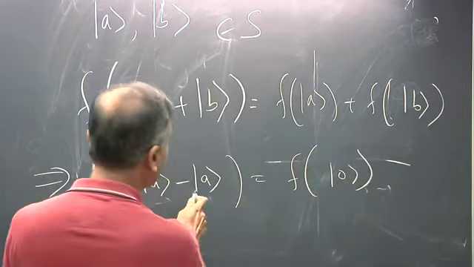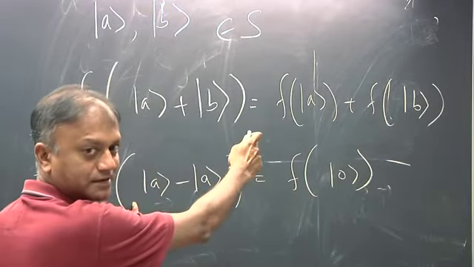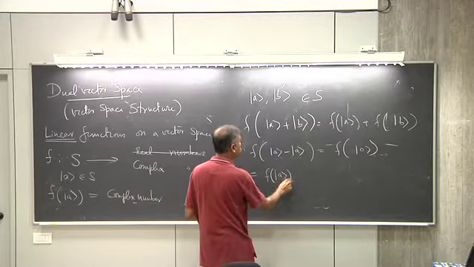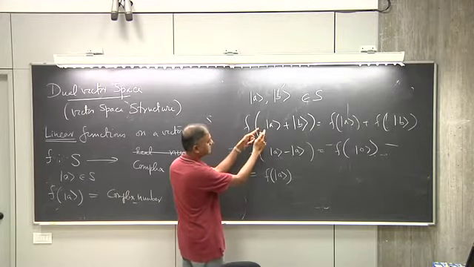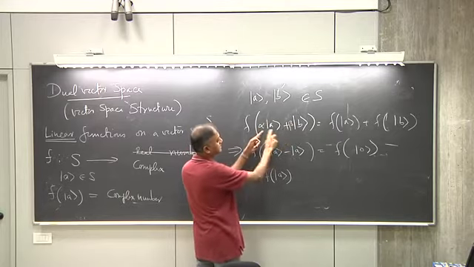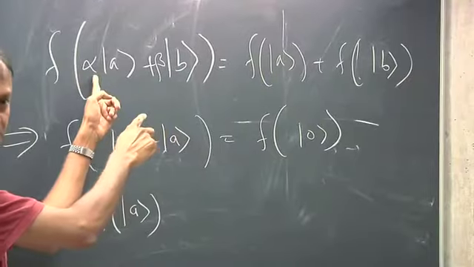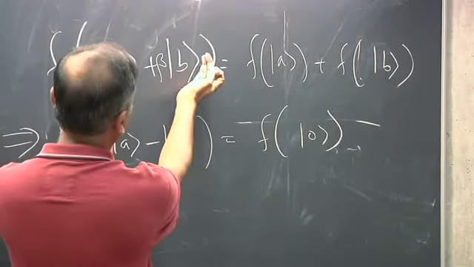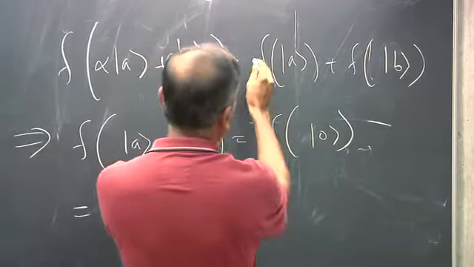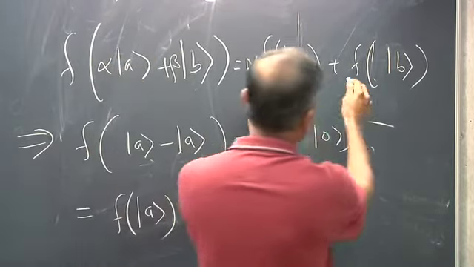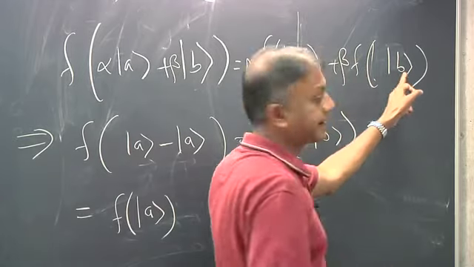Let me write it in a slightly more general form: alpha and beta are two complex numbers, and alpha A plus beta B is again a vector. Then F acting on this vector is the same as alpha times F acting on A plus beta times F acting on B.